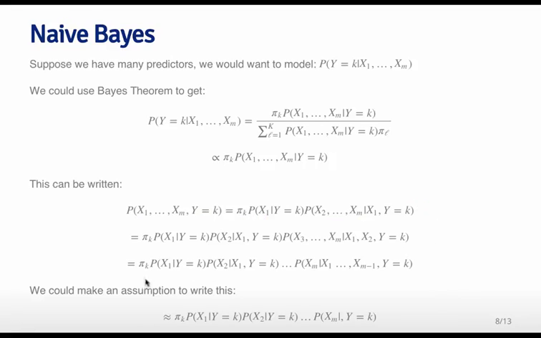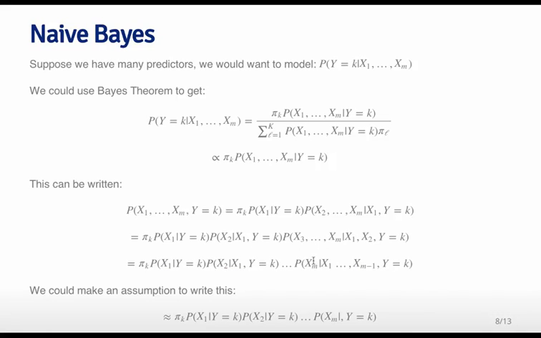You can continue to break this down in the same way until you get one term for every feature, but those features are always conditional on all the other variables that have come before it. That's basically because each of the features or each of the predictors may be dependent on each other.